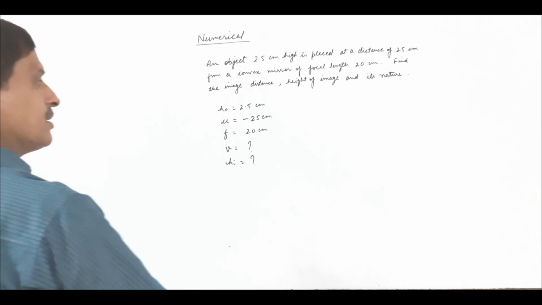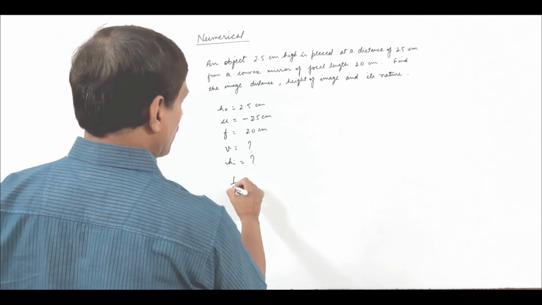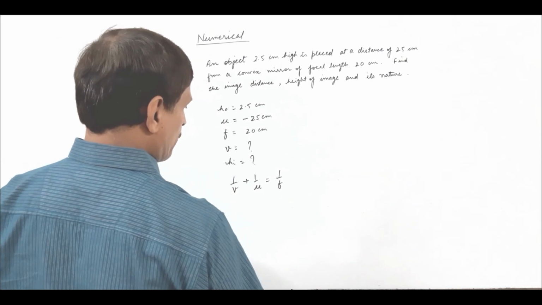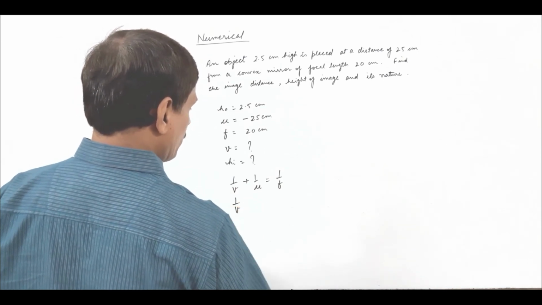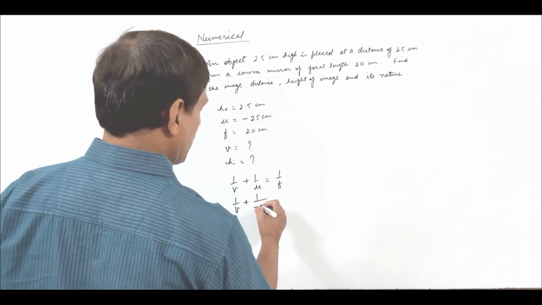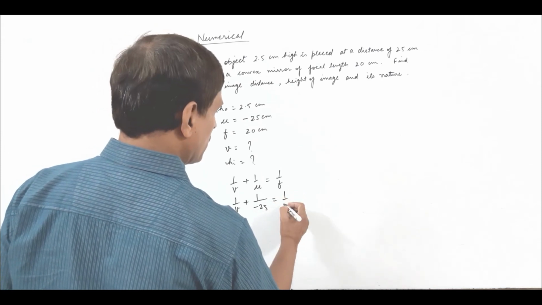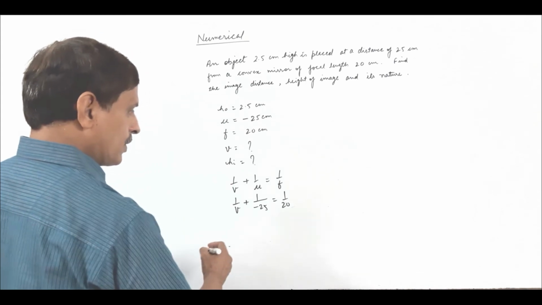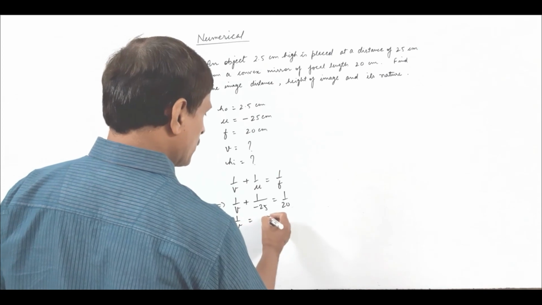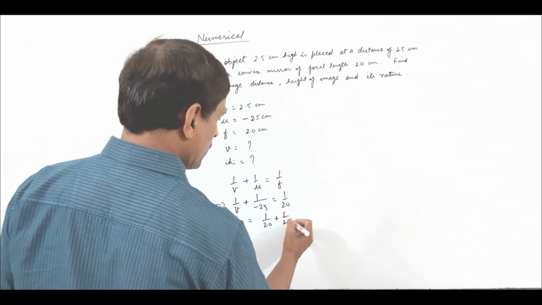We first calculate position of image by using the mirror formula. 1 upon V plus 1 upon U is equal to 1 upon F, implies 1 upon V plus 1 upon minus 25 is equal to 1 upon 20, which further implies 1 upon V is equal to 1 upon 20 plus 1 upon 25.